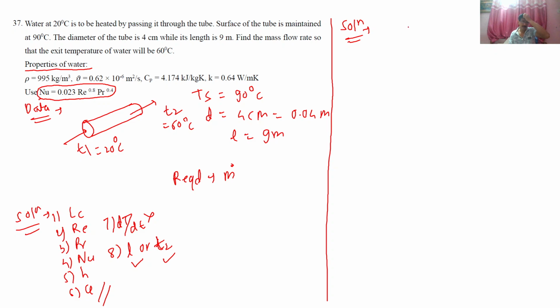Let's start. First step is Lc. What is Lc? For flow through a channel, it may be rectangular, triangular, a square duct, or a circular tube.